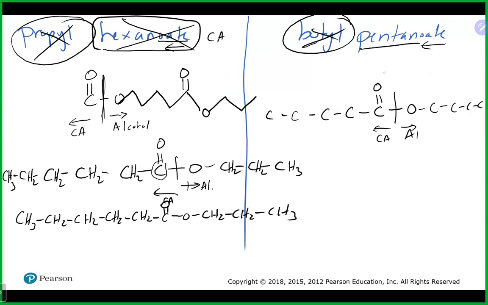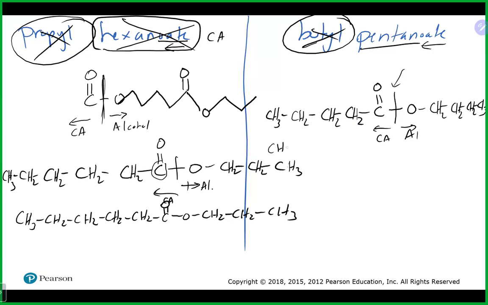At this point, we're just going to fill in some hydrogens: 3 there, 2 there, 2 there, 2 there. Obviously, nothing going on here in terms of hydrogen. And we're going to need 2 there, 2 there, 2 there, and 3 at the end. Again, I'm just going to redraw it here, underneath maybe.